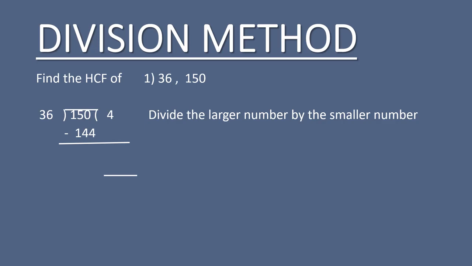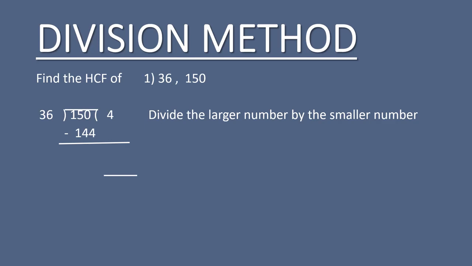We will continue this process until the remainder is 0. And the last divisor in the above process is the HCF of the given numbers.